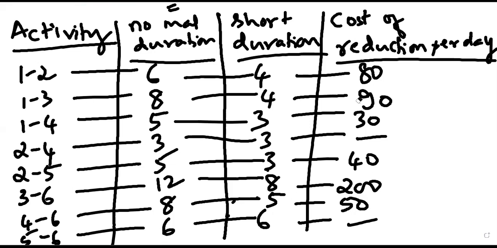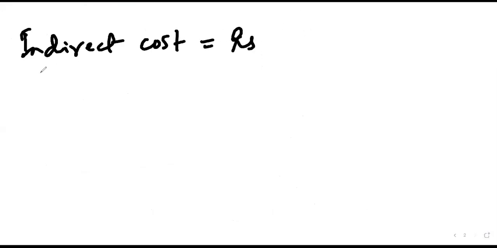Right. So this was given in the previous class, so I'm not spending much time. Direct cost was given, what was the indirect cost? 160 per day.